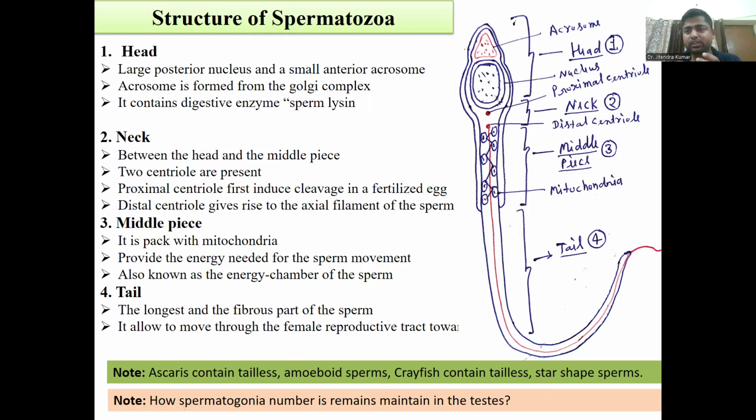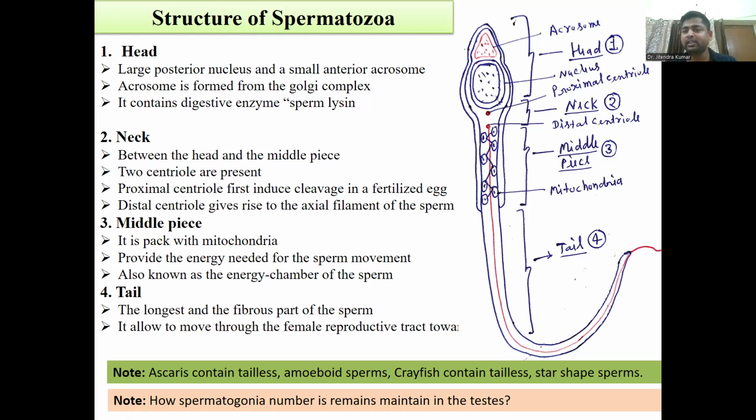So how is the number of spermatogonia maintained in the testes throughout life? In the case of females, the number of oogonia decreases as age increases. Every month oogonia are lost, and so there is a menopause condition at the age of 40 or 45.